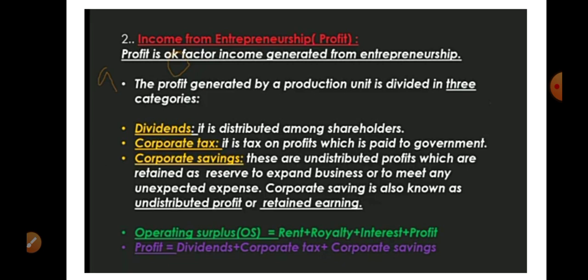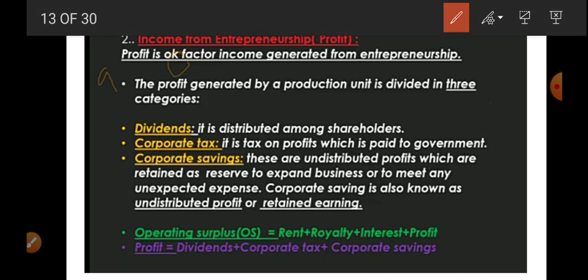Now income from entrepreneurship. So what does an entrepreneur get? Profit. Profit is a factor income generated from entrepreneurship. The profit generated by a particular unit is divided into three categories. Okay, remember entrepreneurship always receives profit, and this profit is further divided into three parts. So profit means what? It is the sum total of dividend, corporate tax and corporate savings.